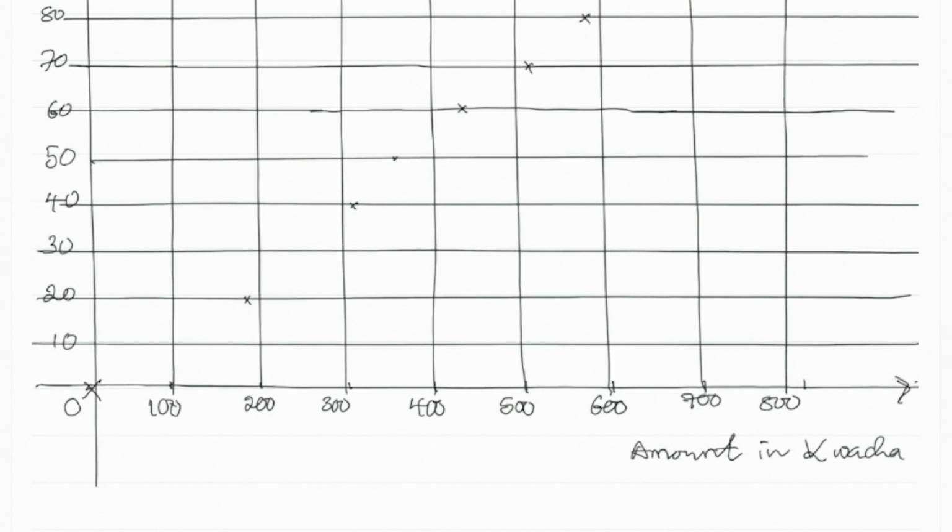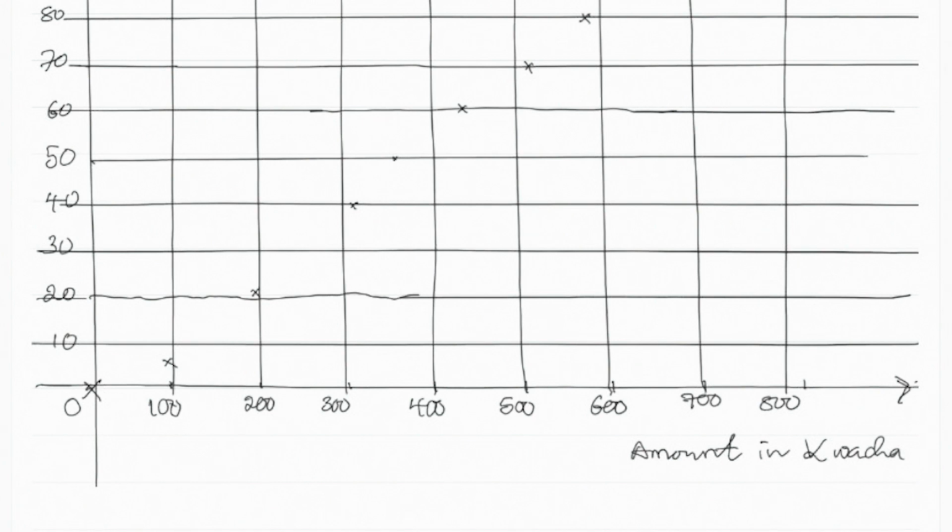Then we have 105, which is somewhere there. Then we have 221, slightly somewhere there. I guess you are able to follow that. Don't worry about this, we can still draw our line.